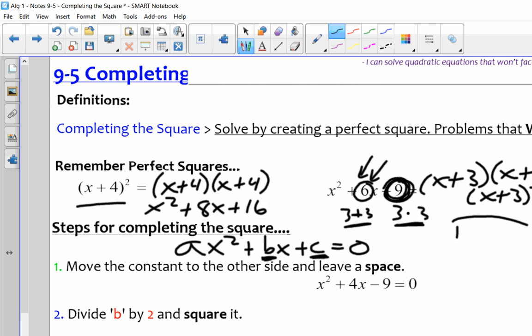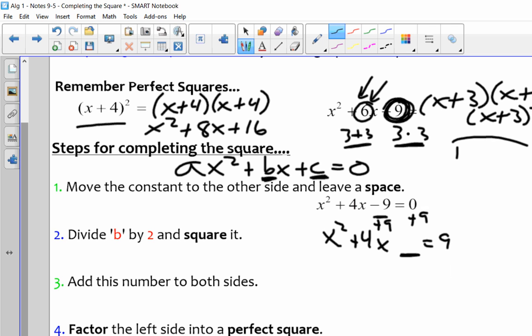But they get really caught up in what do you mean move it to the other side? Well, we've been doing this all year. I have to add 9 to both sides. Then they tell me to leave a space. I'm leaving a space where that negative 9 was. That's step one. You've got to be able to get there.